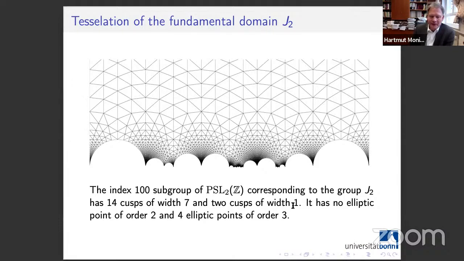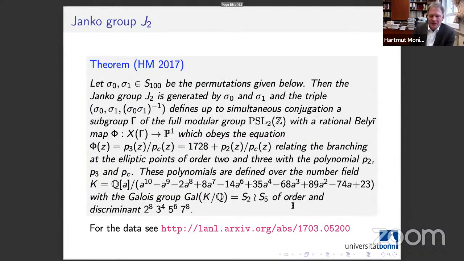All right. So when you calculate, you actually can prove with these methods I just showed you that you can construct these polynomials, P3 and PC and P2 and PC, and you can download them from this arXiv archive if you wish to look at them.